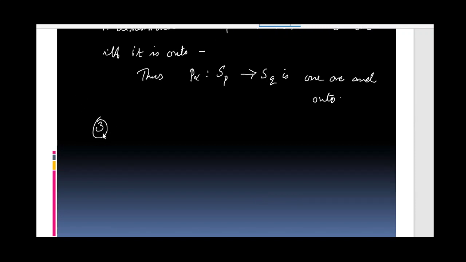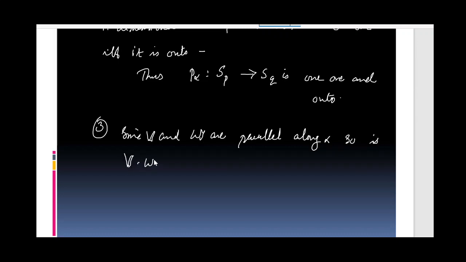So third one: since V and W are parallel vector fields along alpha, so is V dot W. So V dot W is constant along alpha.